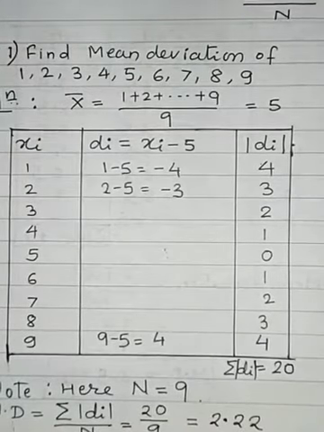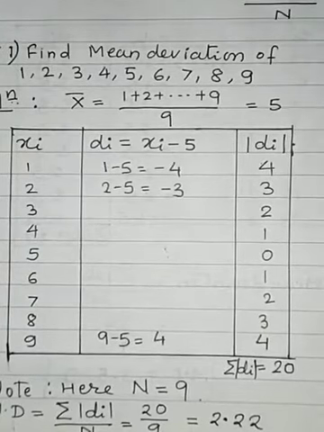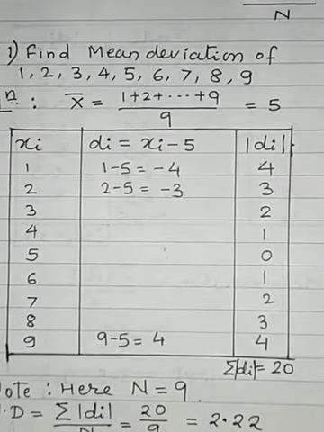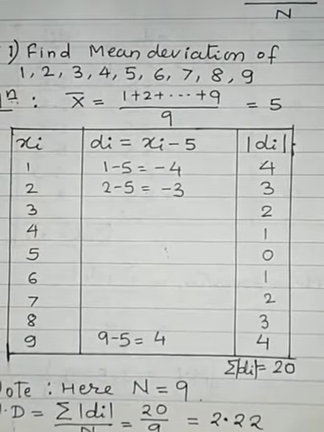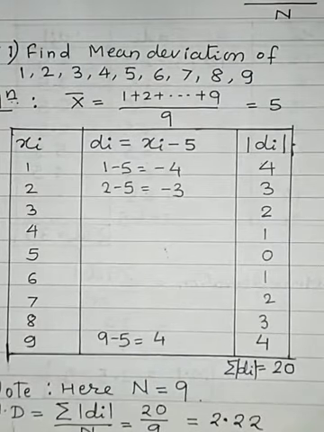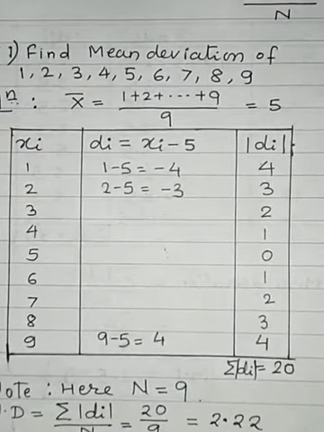What is di? Di is xi minus x bar. And what is x bar? 5. So see how we are filling each and every entry here. First entry is 1 minus 5 equal to minus 4.